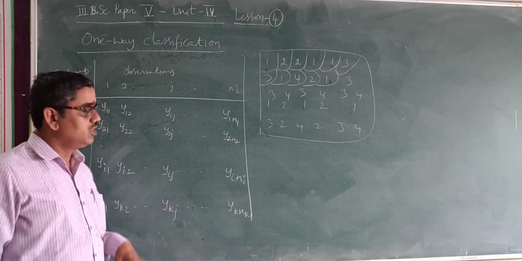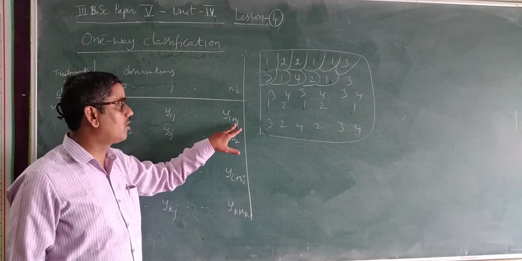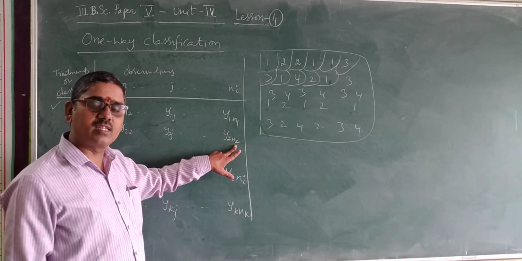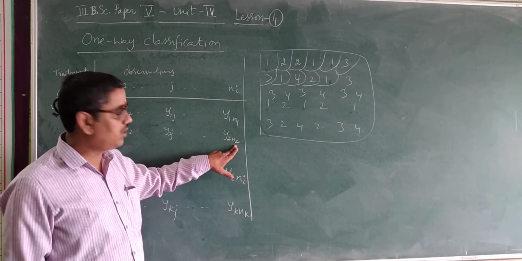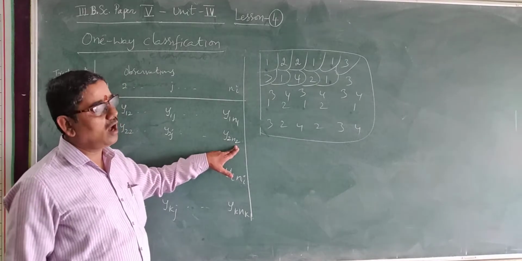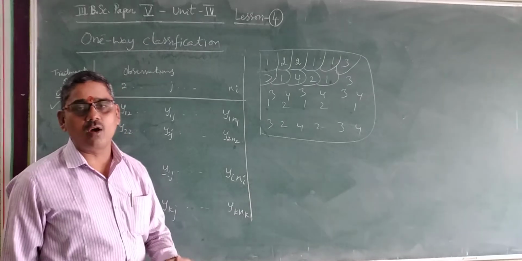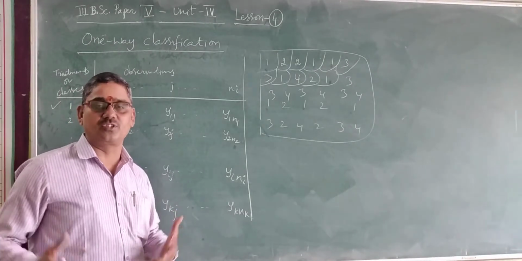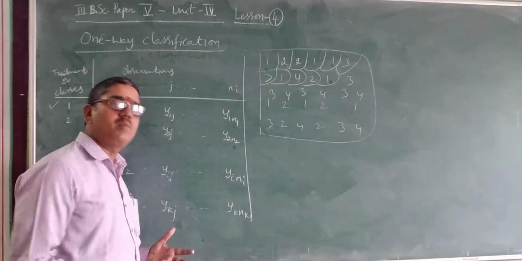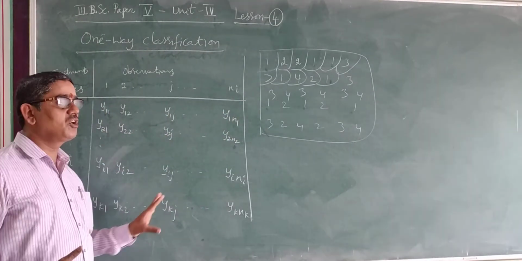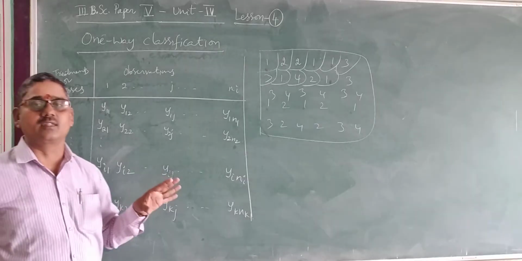So the first treatment is applied on n1 experimental units, the second treatment is applied on n2 experimental units, the ith treatment is applied on ni experimental units, and the kth treatment is applied on nk experimental units. This is the picture of k classes.